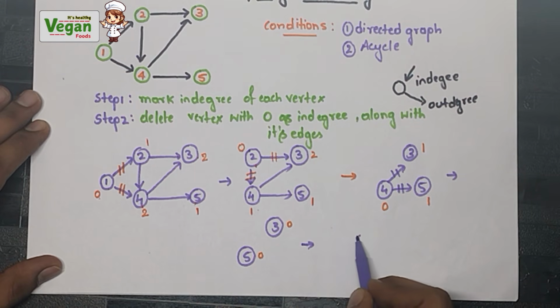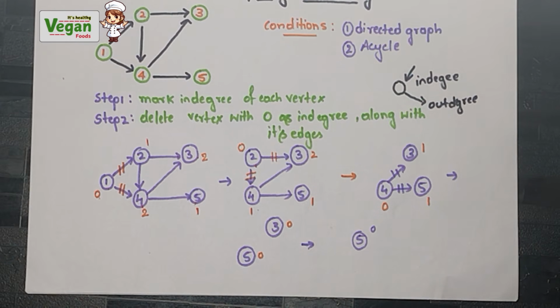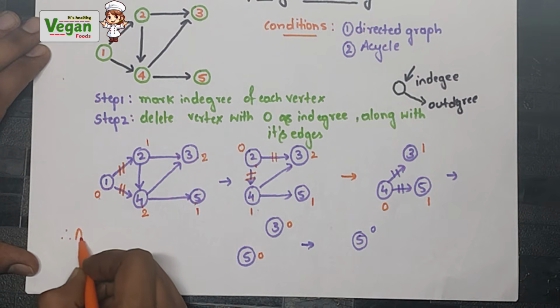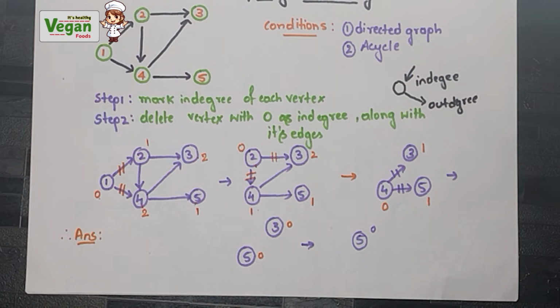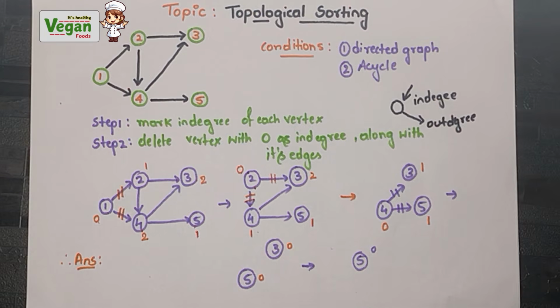If I delete 3, only 5 is left. Its in degree is equal to 0. Therefore 5 will be deleted last. If we look at the answer, there will be two possible answers.